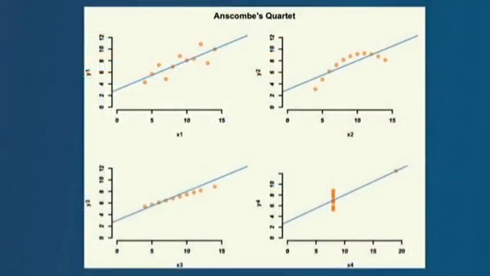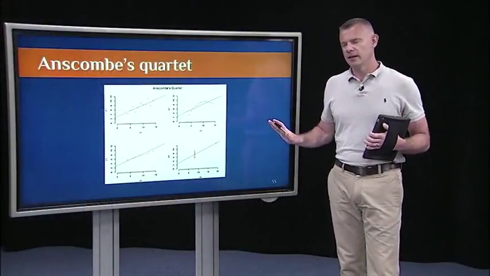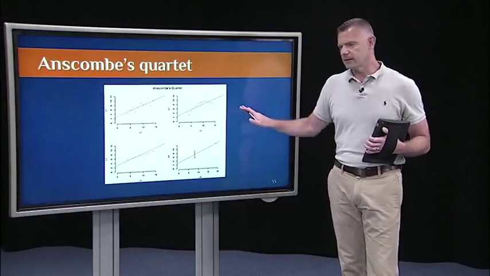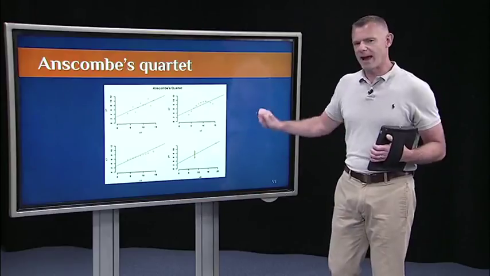What Anscombe did is extremely clever, just so elegant, and shows how critical it is to look at your scatter plots before you run correlation analyses so you know what you're getting. In all 4 of these data sets, he made it so that the correlation was exactly the same.